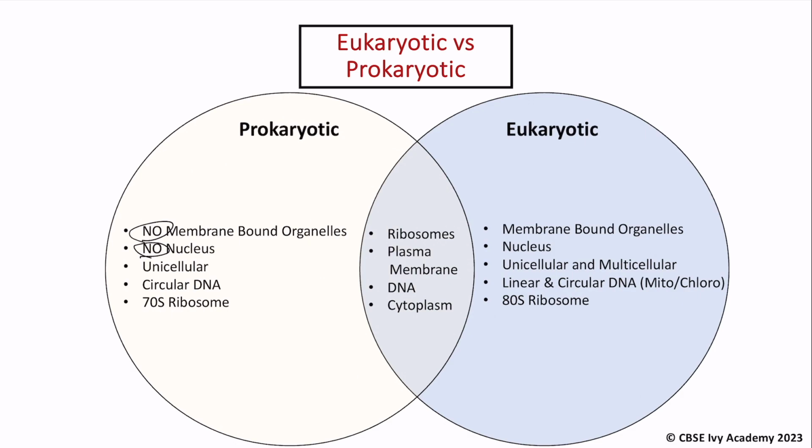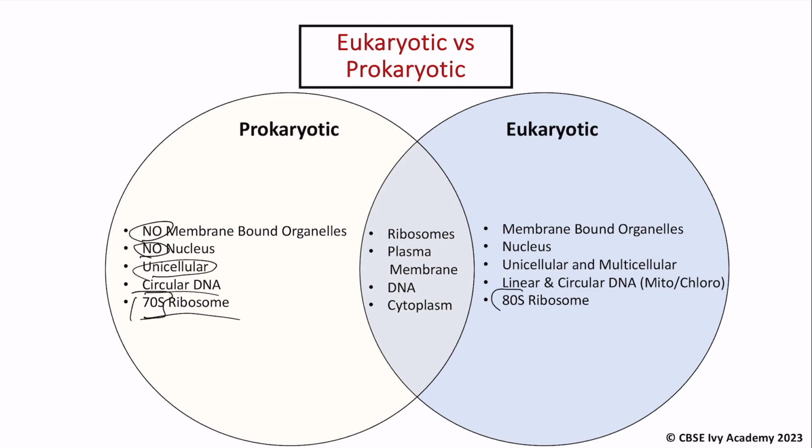Prokaryotes still store their genetic material. It's just in an area called the nucleoid, and they still produce energy, even though they don't have mitochondria, with, for example, glycolysis. Number two, prokaryotes are unicellular, and they'll store their DNA in circular chromosomes, and they have 70S ribosomes.